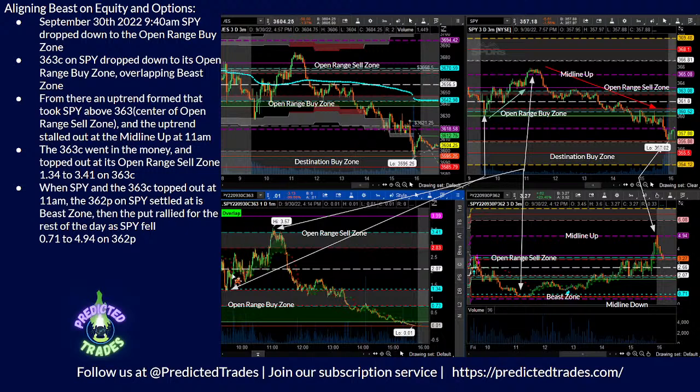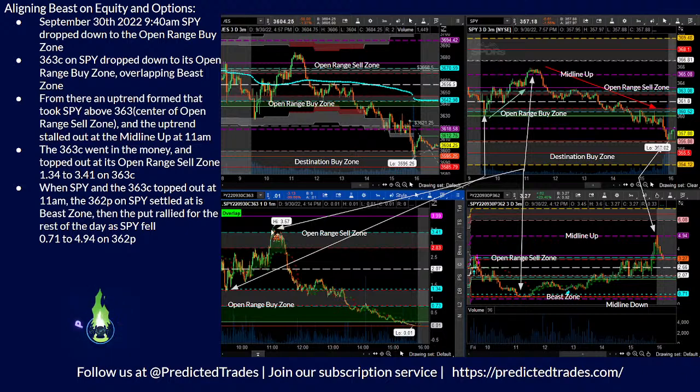On those 363 calls, we open, we dip down to our buy levels at $1.34. That's where we get in, and we're holding up to this shaded region above our open range sell zone at 357.